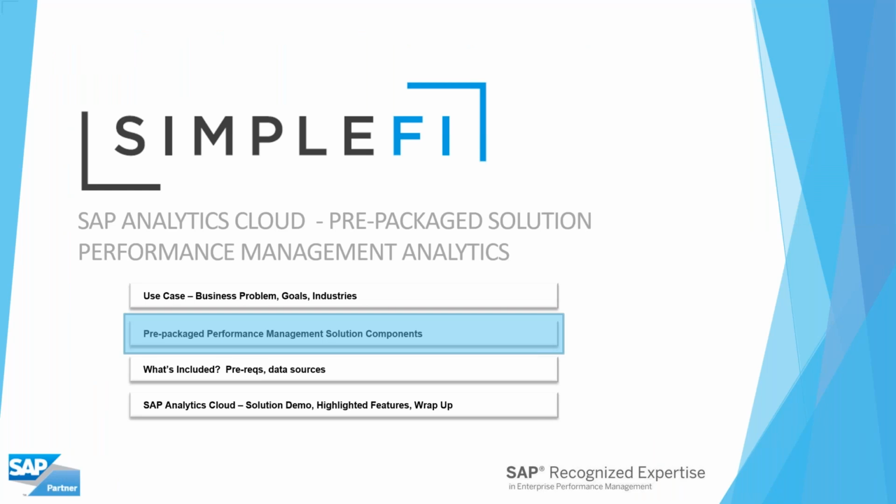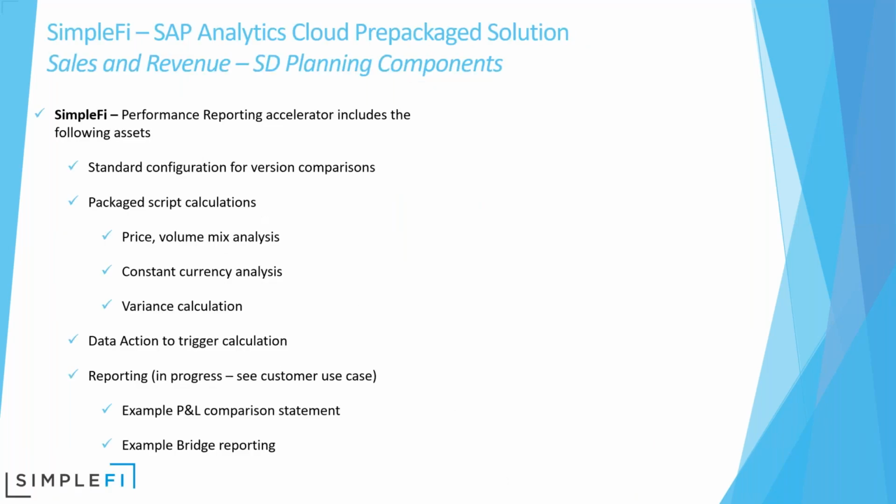So we'll talk a little bit about the prepackaged solution components. The performance management accelerator includes a standard configuration in SAC for version comparisons. So we actually utilize comparison categories to capture the different variances, and we store the data in a variance category essentially. And then we can run our calculations against that.